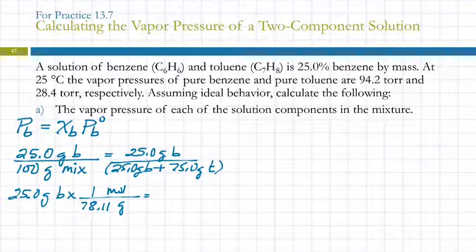So 25 divided by 78.11, 0.32006 moles of benzene.